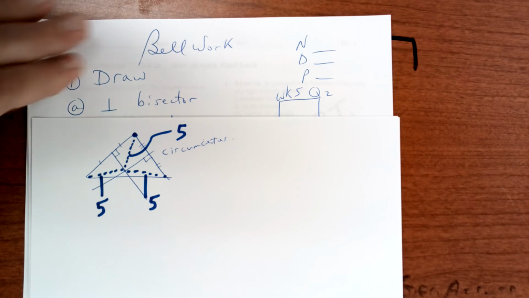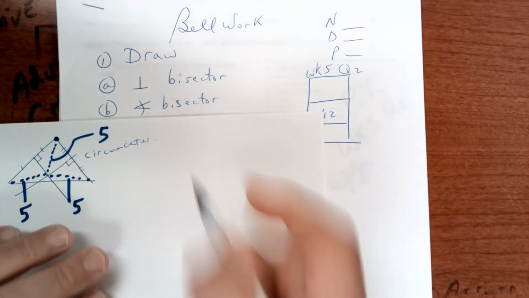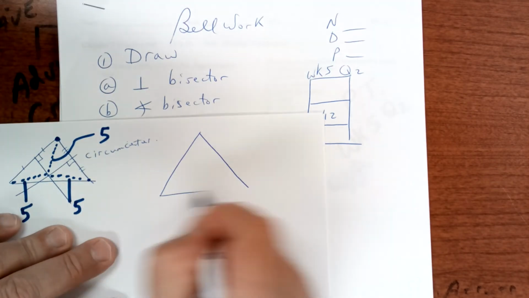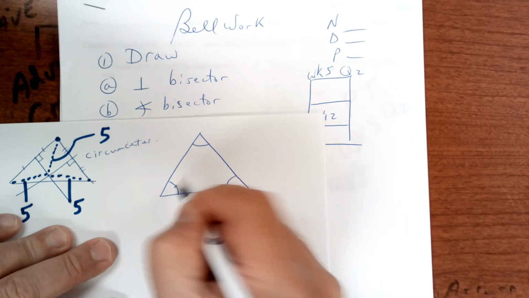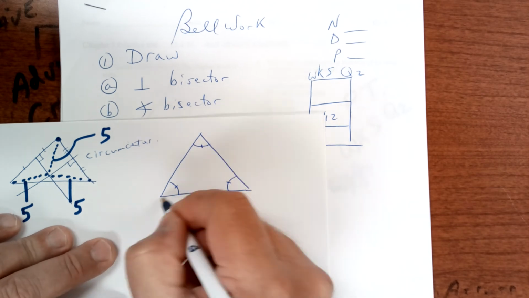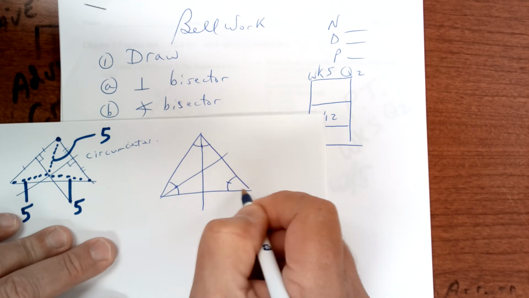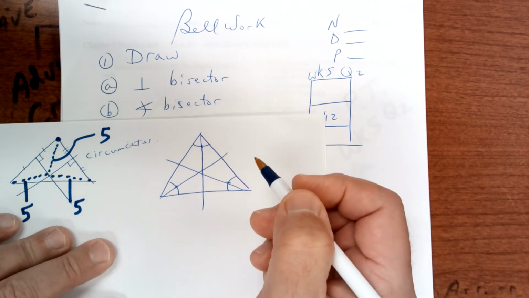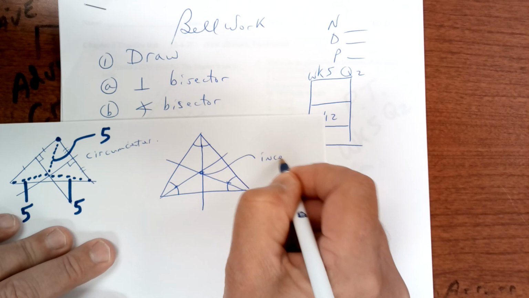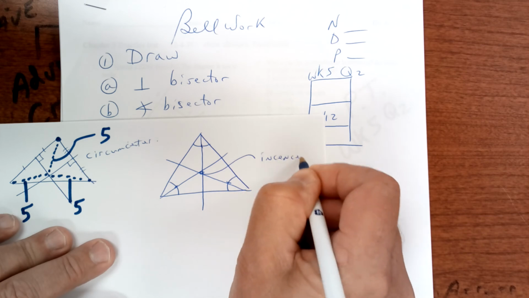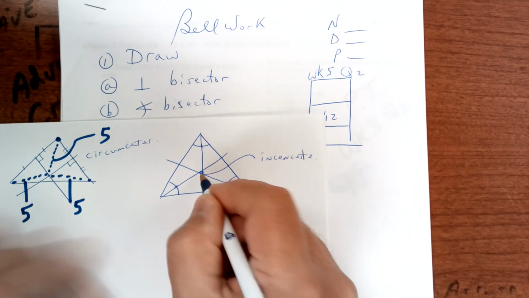The next one, draw a triangle, the angle bisector, cut the angles in half, and where they hit is called the incenter. This is called a point of concurrency where they hit.